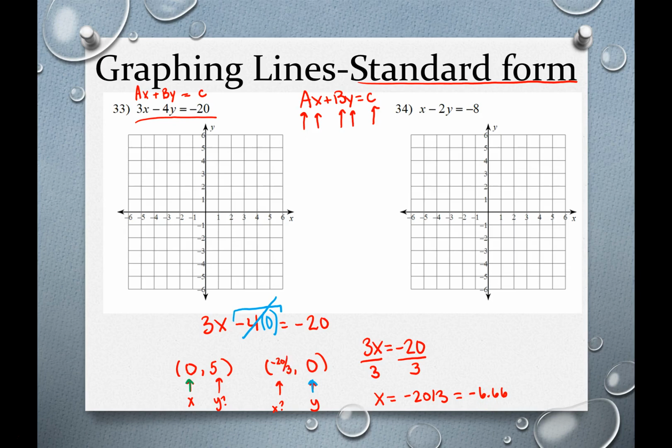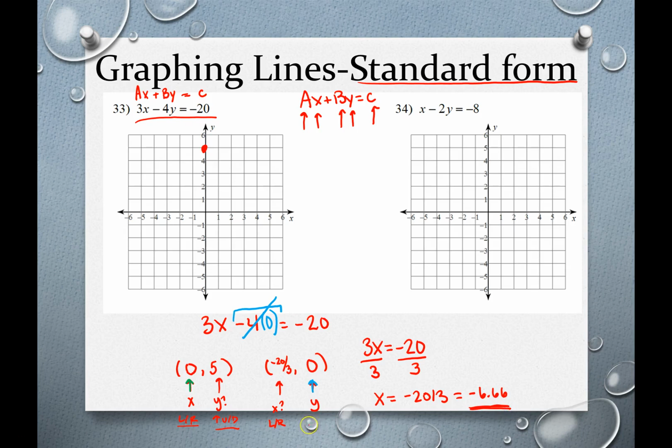Okay, so now I have 2 coordinates, and remember, when we're graphing a coordinate, the x is the left or the right, and the y is the up or the down. So here I'm going left, right, 0, but I'm just going to go up 5. So the coordinate 0, 5 is located right here. Now here I'm going left/right -20/3, which is -6.66.